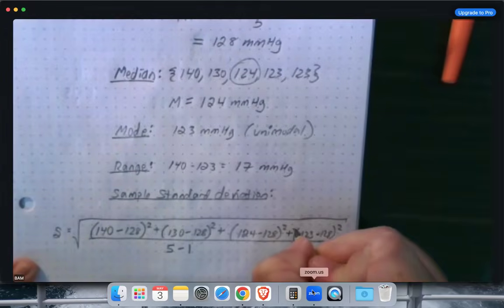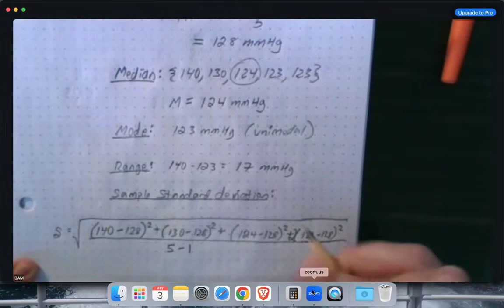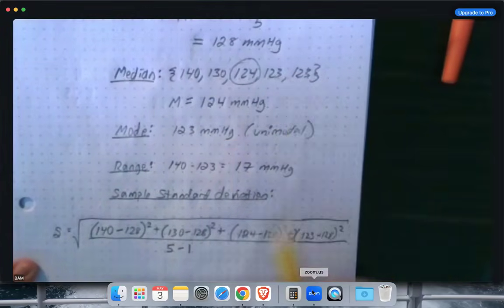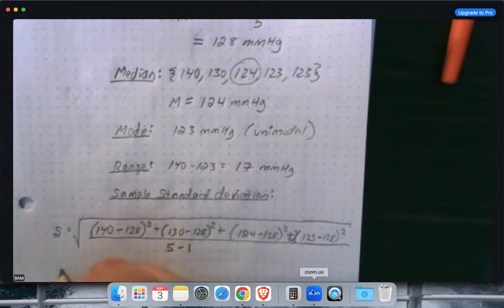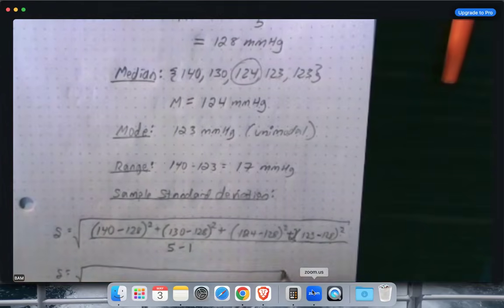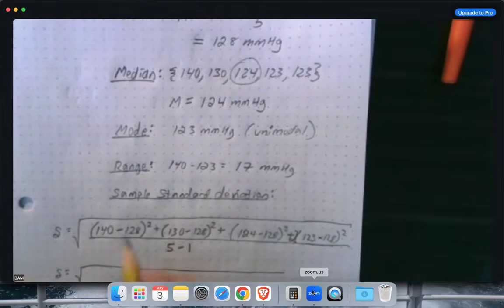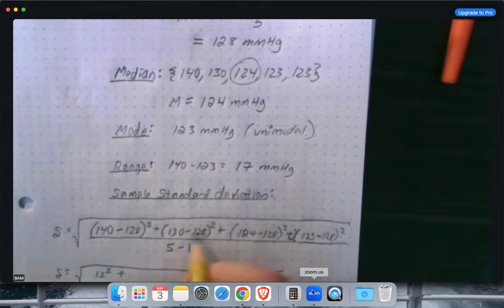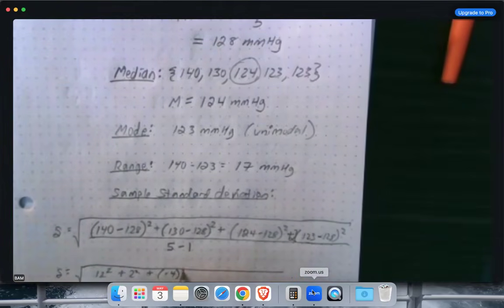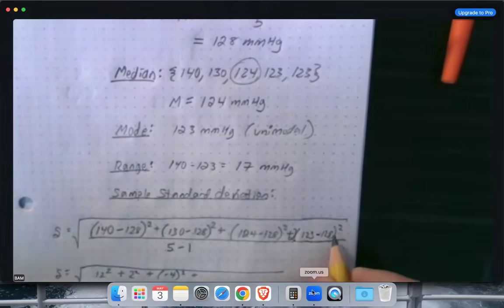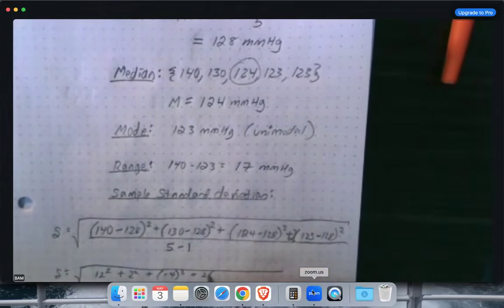I'm putting a 2 here because there are two of the same thing, and I know how to do it right. 140 minus 128 is 12. 130 minus 128 is 2. 124 minus 128 is -4. 123 minus 128 is -5.